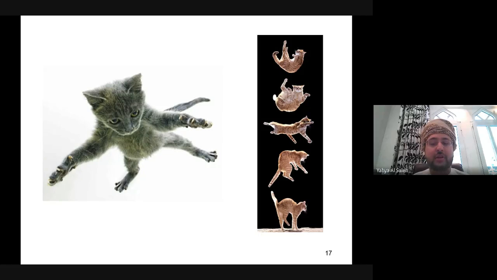Something that we have actually heard many a time. The reason cats don't die when they fall from really long heights is because cats, subhanAllah, have adapted to conserve their angular momentum.